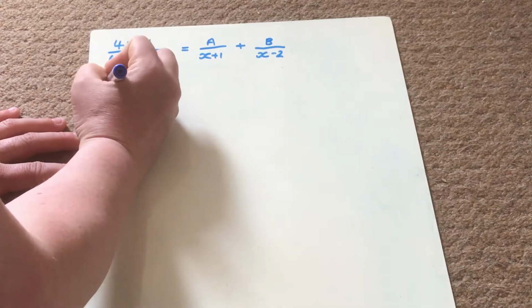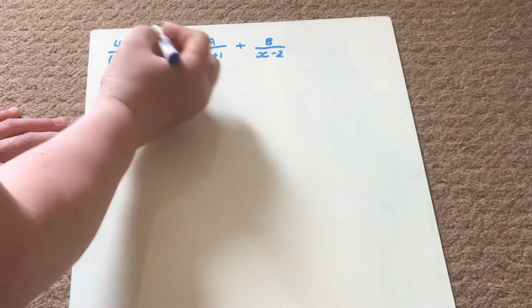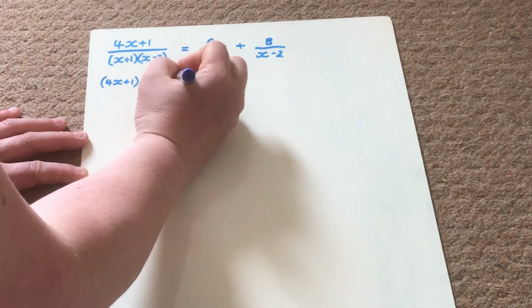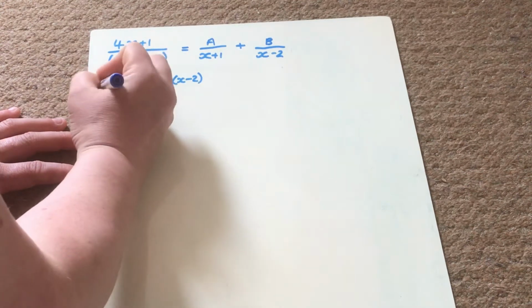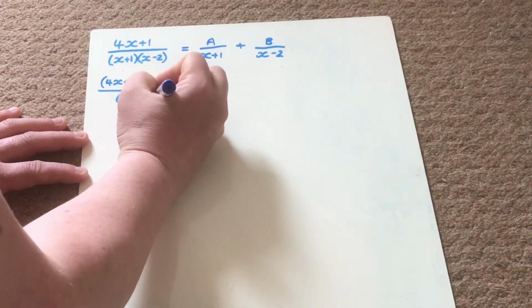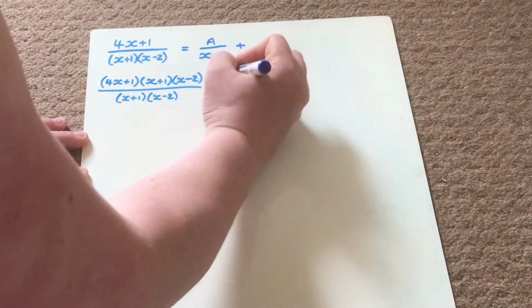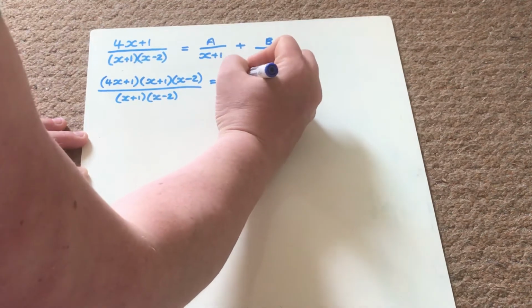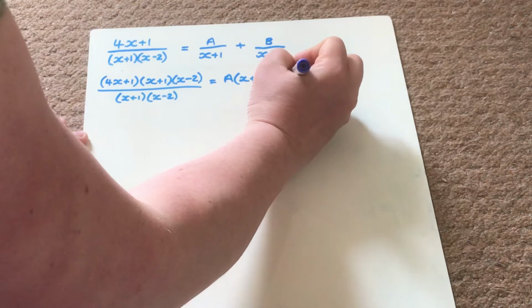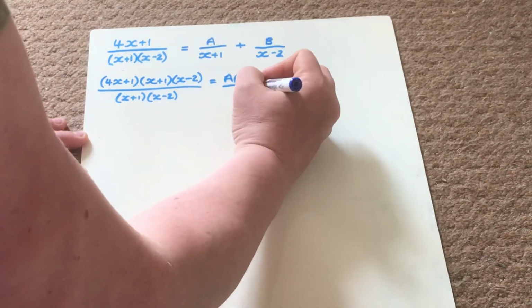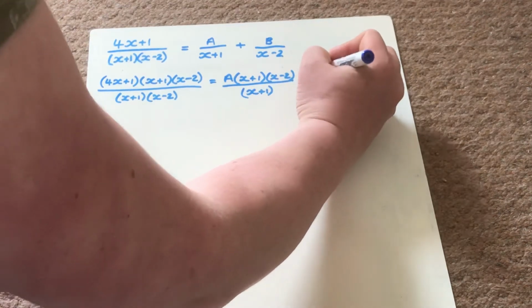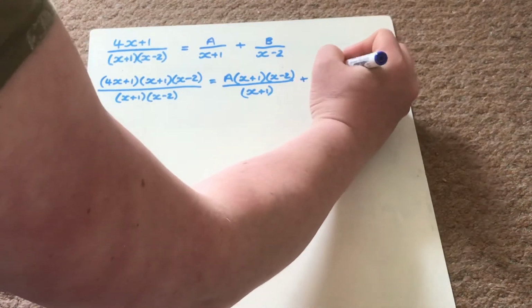So we'll have 4x plus 1, our original numerator, times the original denominator, all over the original denominator, equals A times this denominator over what it was originally. I'm going to put that in brackets 2, plus do exactly the same for the B.